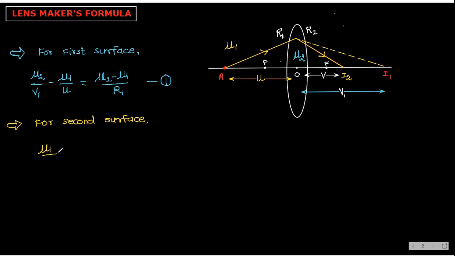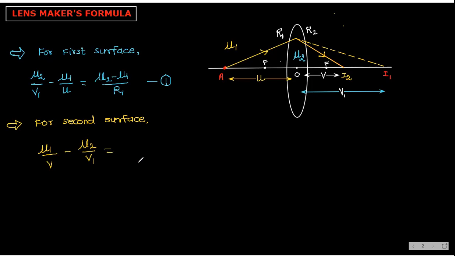Therefore, what I am getting, see here, mu1 by v minus mu2 by v1, because the image is formed in air and the object is in this medium. That's why in place of u we have replaced v1, and mu1 and mu2 are interchanged, because the image is forming in the air.